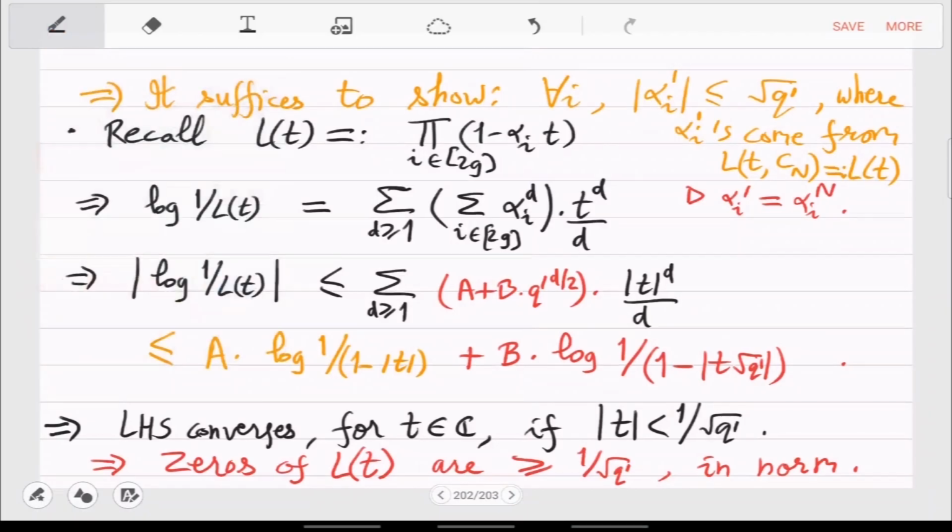Yeah, let's do it properly. Right, so now I can use it. So sigma alpha i prime to the d is less than or equal to a plus b q prime to the d by 2, simply because the multiple of n is now embedded there. Yeah, this was a typo, which needs this kind of notation actually.